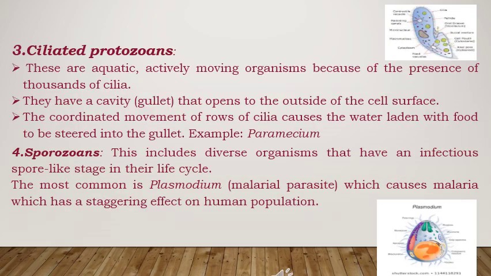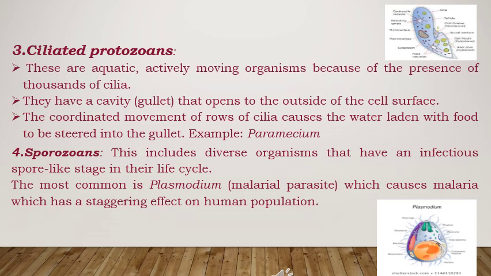The third group of protozoans is ciliated. As the name shows, it has cilia all over the body. So it has thousands of cilia present all over the body, and these cilia are brush-like structures. These are aquatic animals that have cilia for locomotion.